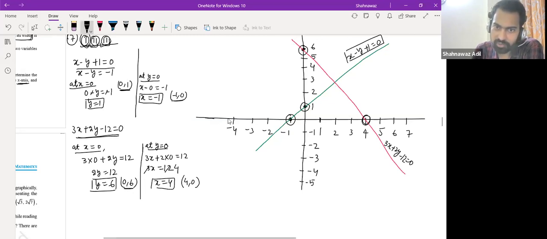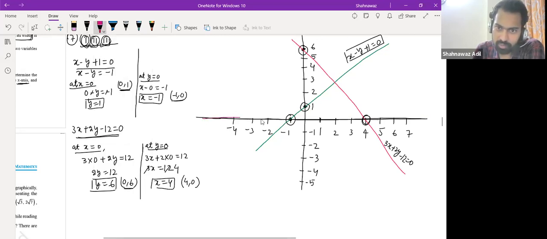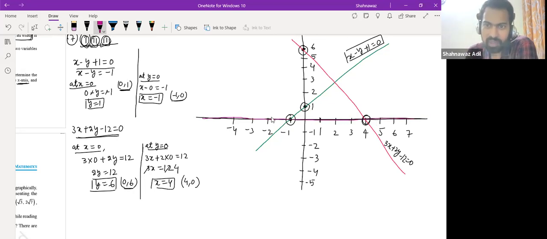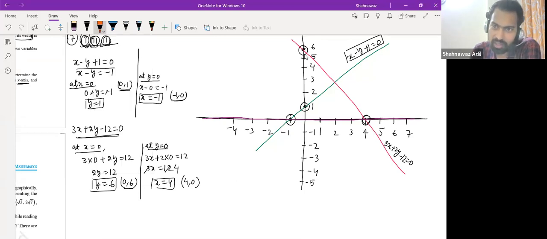This x-axis, right? Now, if they had given the y-axis, then what would be the third line? If they would have given the y-axis, then the third line would have been this line. Right? So then the triangle would have been this one, this one, this one, and this one.